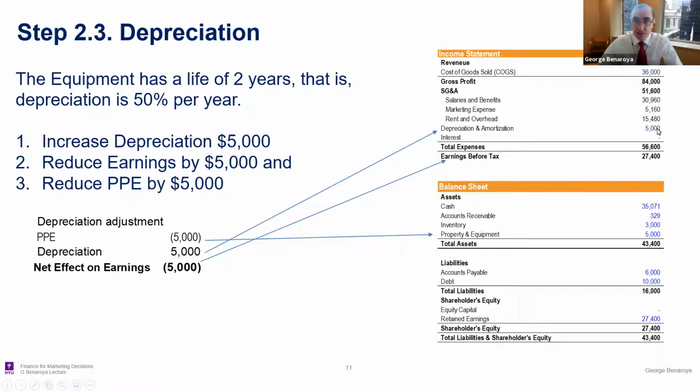So we increase the depreciation chart here or the expense, and we reduce the earnings before tax. And then the last step will be to go to property, plant, and equipment and reduce our PPE by the same amount. It was 10,000 before, and now after we reduce it by 5,000, it becomes 5,000, the net property, plant, and equipment.